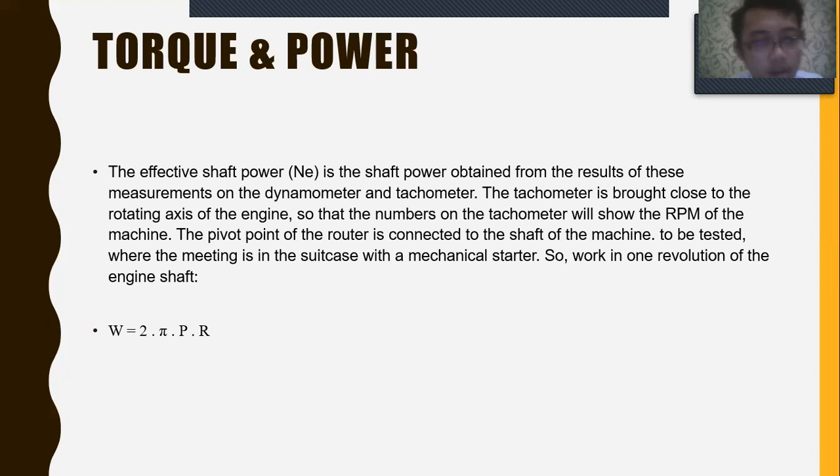The pivot point of the rotor is connected to the shaft of the machine to be tested, so work is done in one revolution of the engine shaft. And the formula of work is 2πPR.